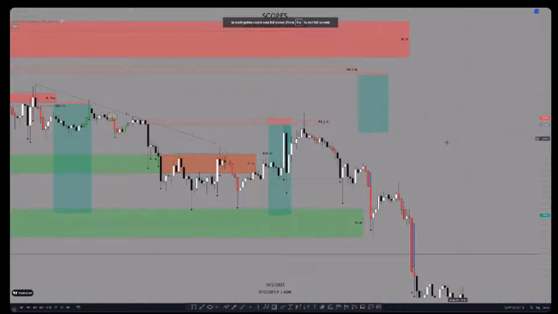So in this area, this is the 1 hour chart. Now if we go back to this chart, and just zooming in.